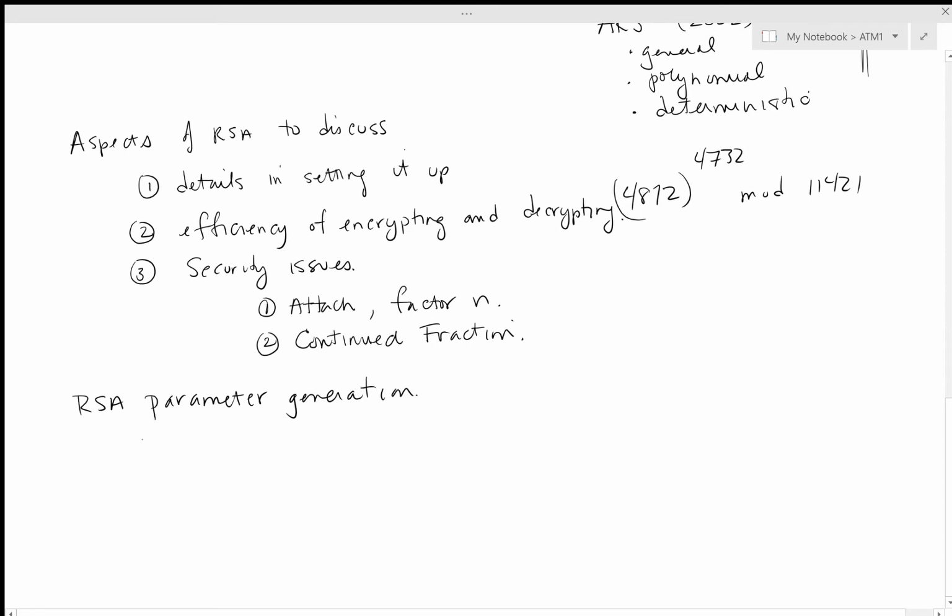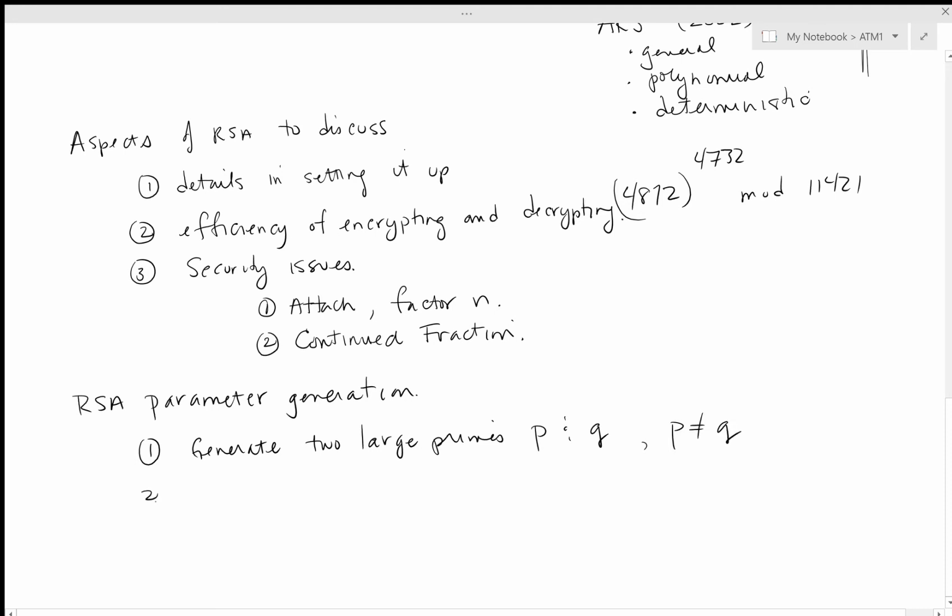Step one is generate two large primes. I don't know what the current RSA standard is for how large those prime numbers need to be, but they are somewhere in the order of 150 digits long. So they're really big numbers, two large primes, and p is not equal to q.